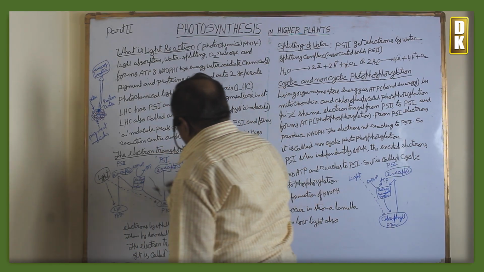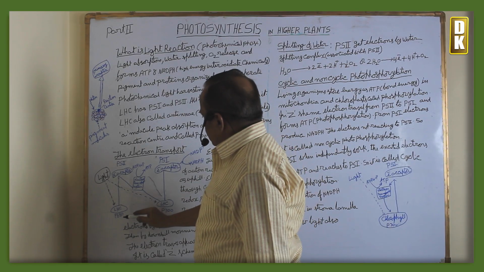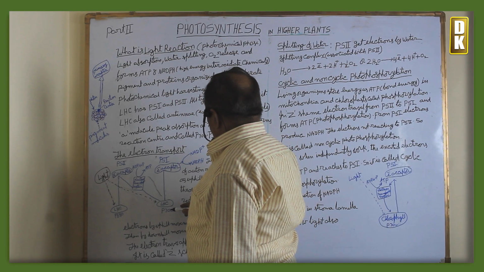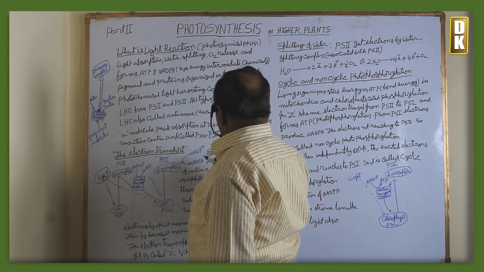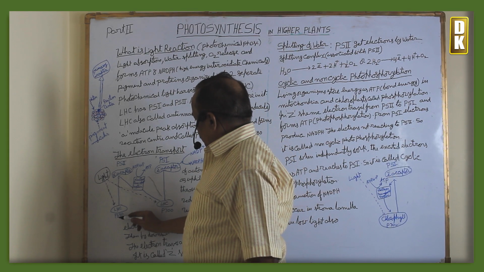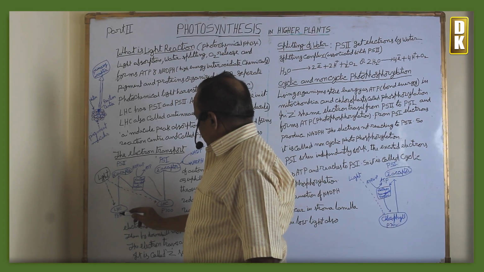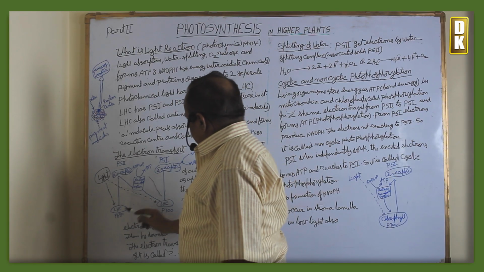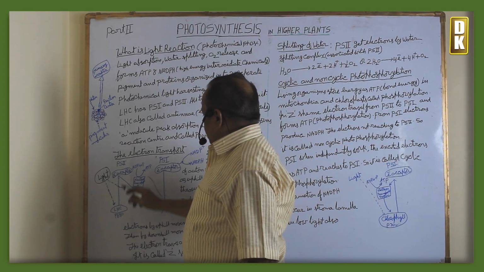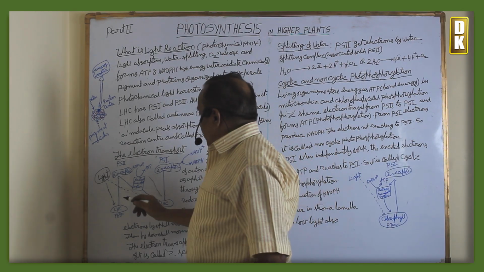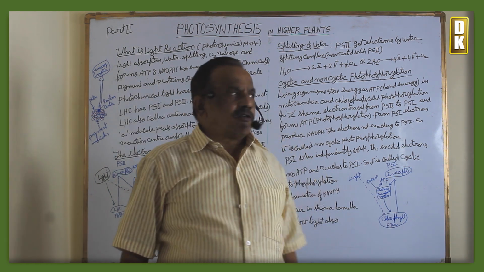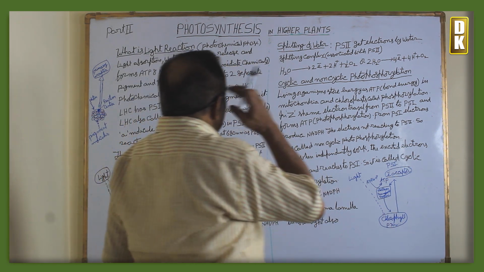It is non-cyclic because the electrons go from here to photosystem 1 and then to NADPH formation, and the electron does not return to P680, that is photosystem 2, which is refilled by water splitting. So the electrons go like this only, not coming back. So it is called non-cyclic. How it works, we will see.